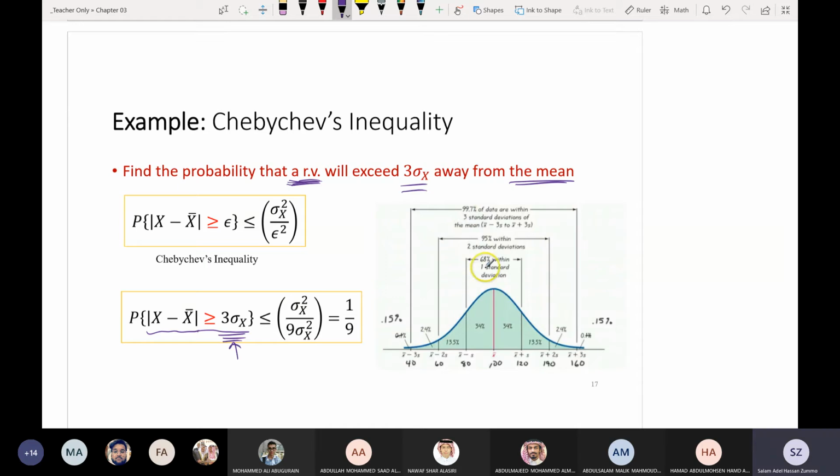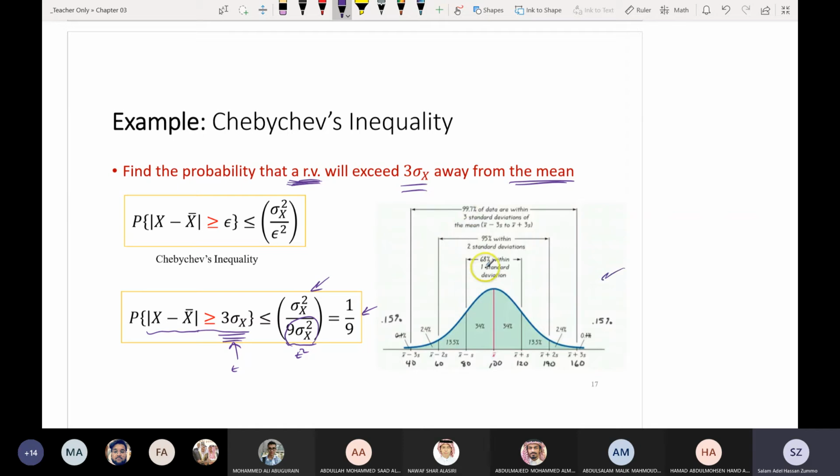By using the Chebyshev inequality, this is sigma x squared divided by epsilon squared. What was epsilon? 3 sigma, right? So epsilon squared is 9 sigma squared. So sigma squared cancels sigma squared and gives you 1/9. So the probability that x is away from its mean by more than 3 standard deviations is at most 1/9.